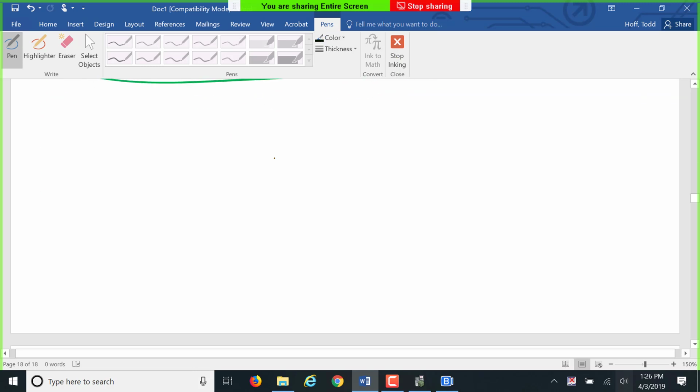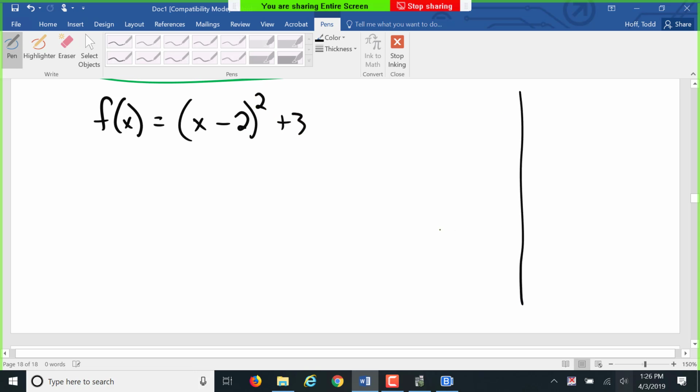So let's look at parabolas. If f of x equals x minus 2 squared, plus 3, where is the vertex of this parabola going to be located? Positive 2, positive 3. Very good, right there.